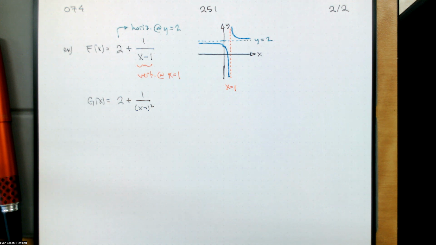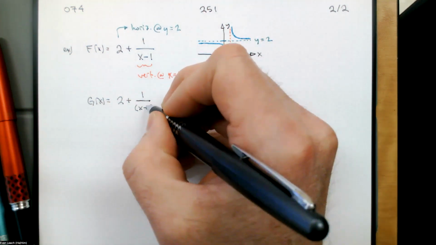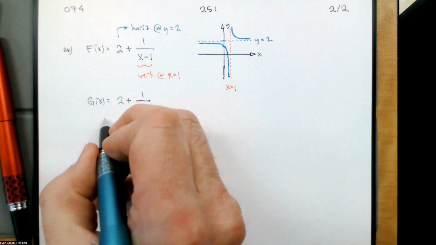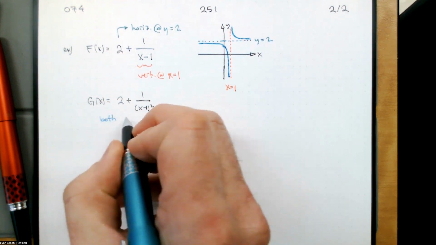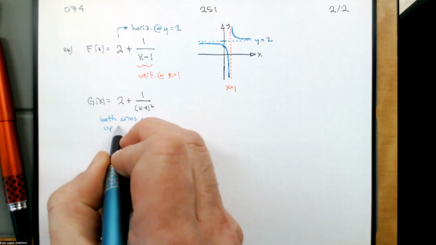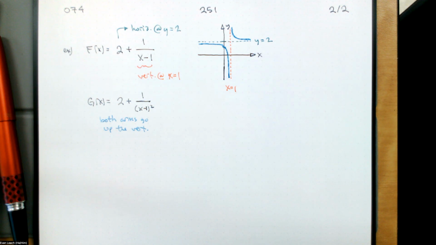In this case, they'll both go up. That's what we saw when we have a vertical asymptote from a square factor.